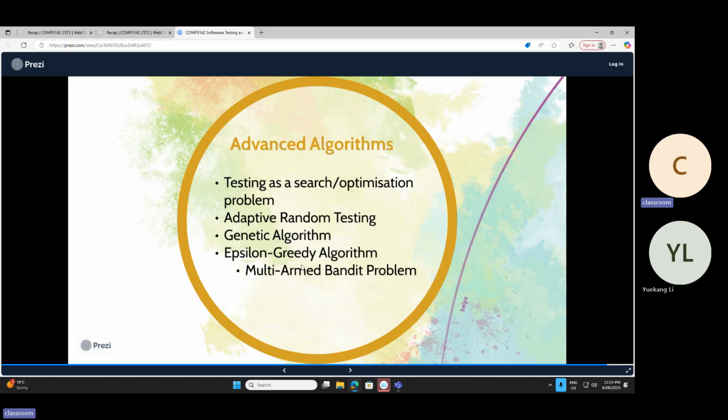So how do we optimize our strategy to pull each arm? That's the problem here, and we can use the epsilon-greedy algorithm to do this. The basic idea is to have a small chance to try out a random arm and use a high chance to pull the arm which has been observed to give us the best result, right? So that's the epsilon-greedy algorithm.